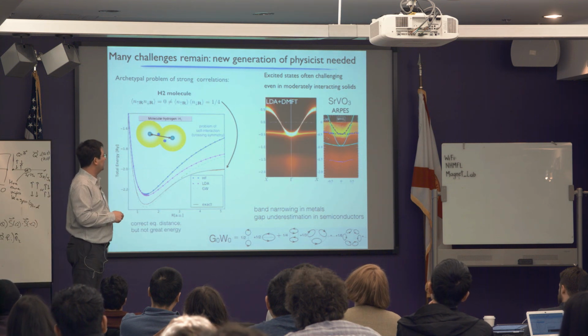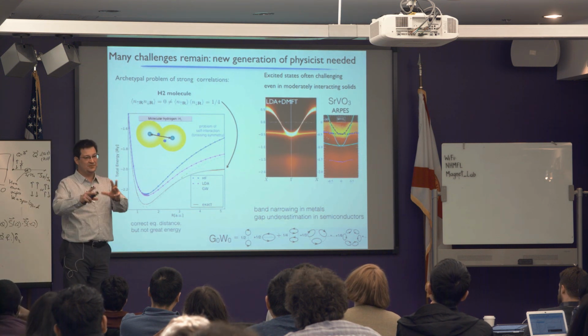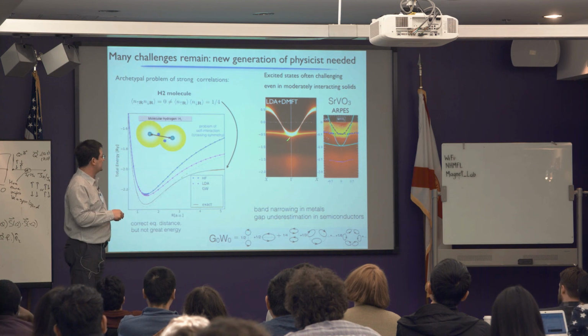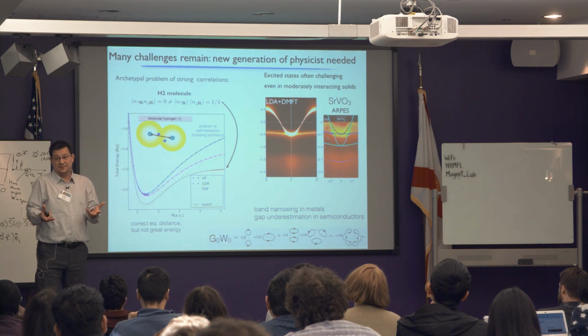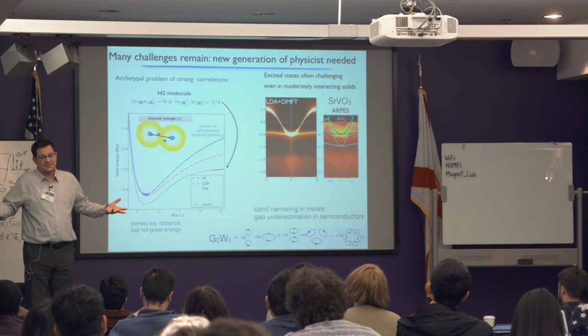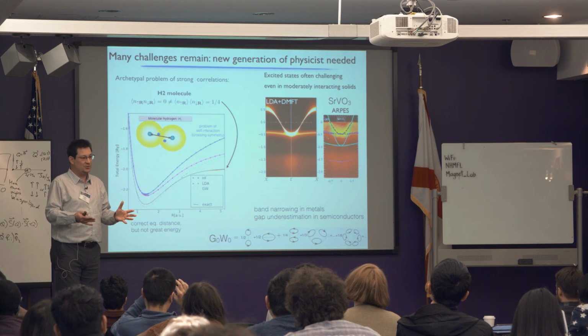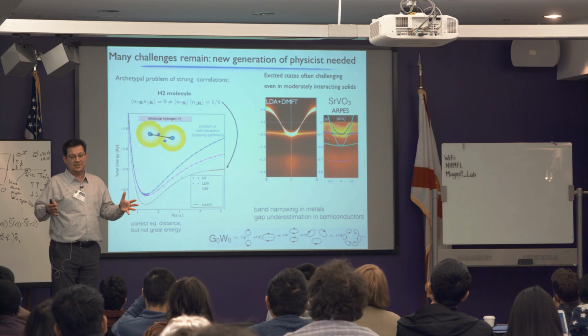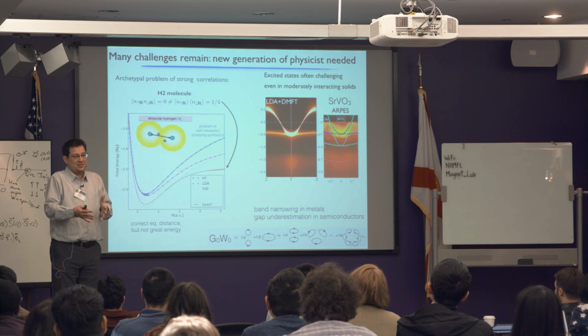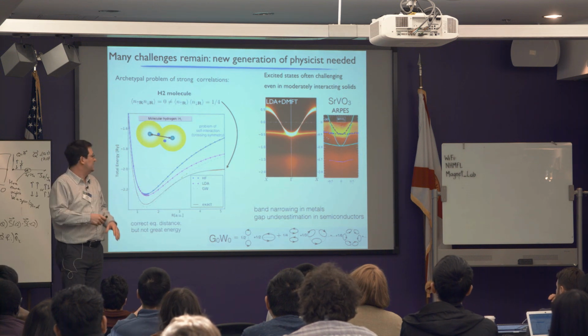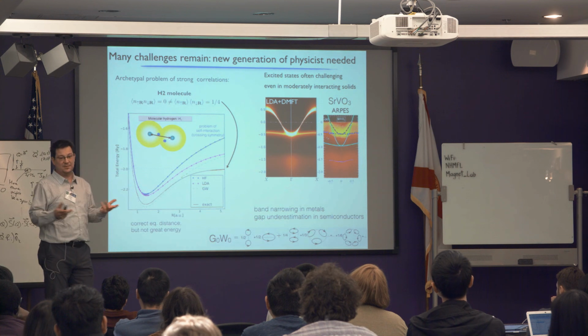I want to advertise LDA plus DMFT, which we're going to discuss a lot here, and you see that this mass enhancement indeed is there in the theory. Why? Because when you solve this so-called quantum impurity model, you see that the quasi-particle peak forms, which has mass normalization, and this is what makes bands typically narrower.